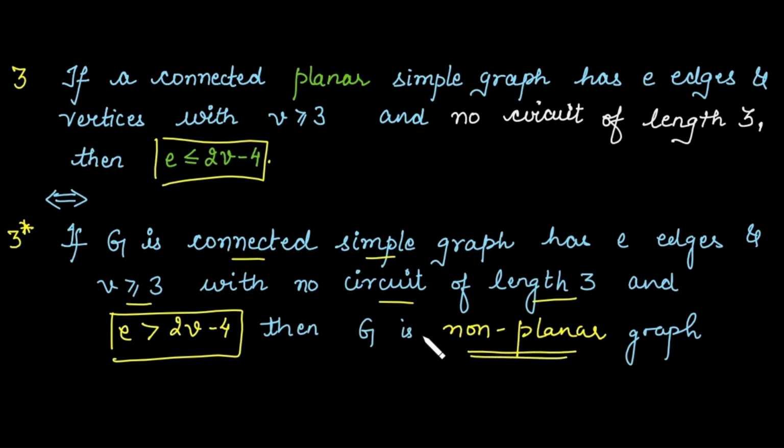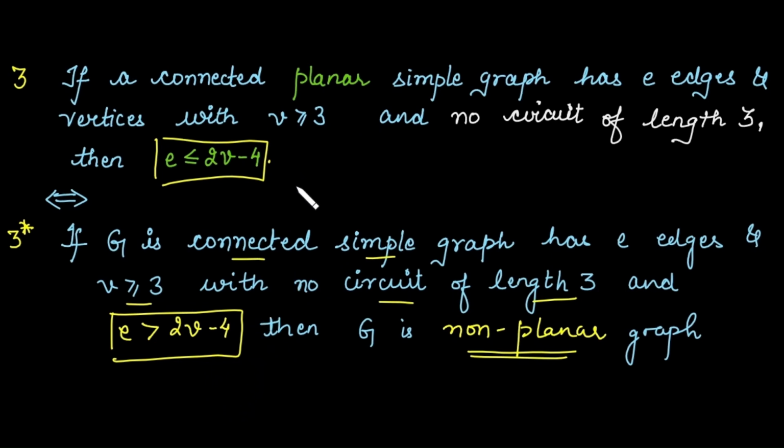Again, this is a one-way result. If this inequality holds, definitely the graph is non-planar. But if this inequality does not hold, we cannot say that the graph is planar. Therefore, we have taken its equivalent statement to show that the graph is non-planar.